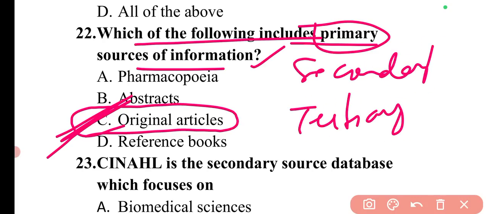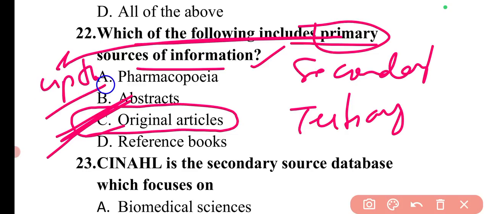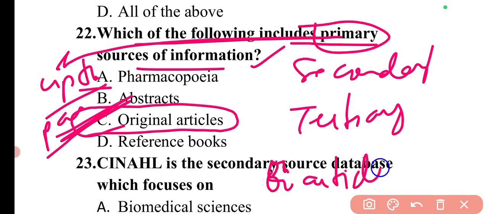If I talk about the primary sources, primary sources basically provide the up-to-date information on a particular topic. So they include the unpublished studies. They include the original articles that are published in reputed journals.